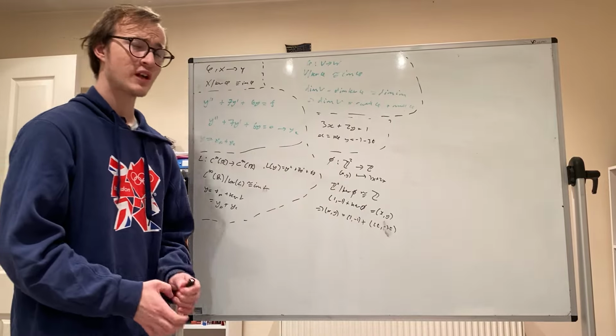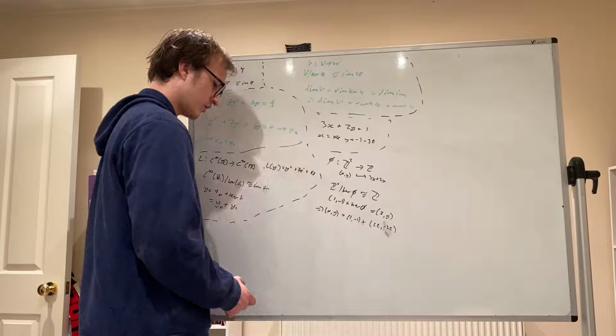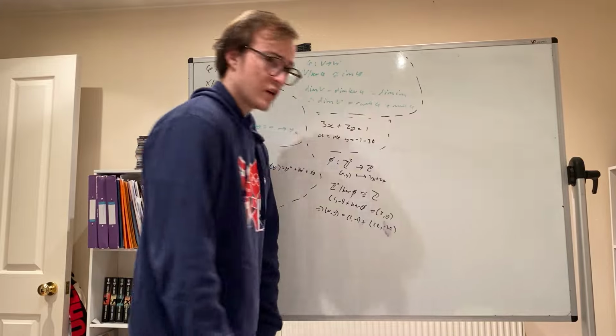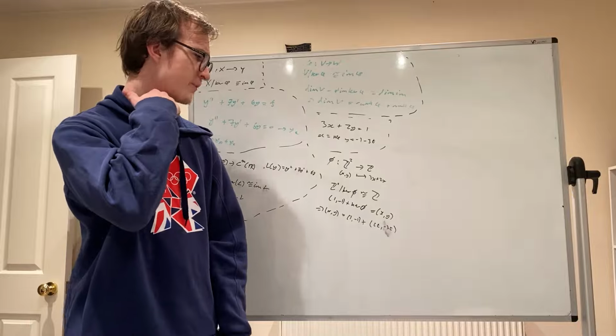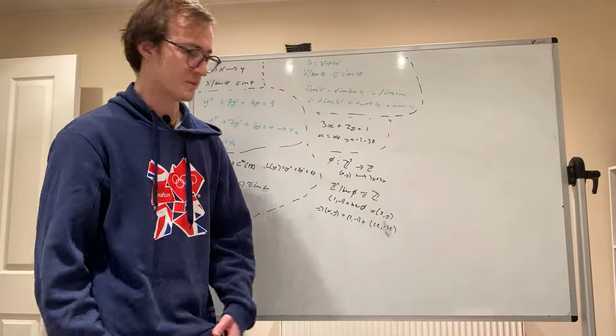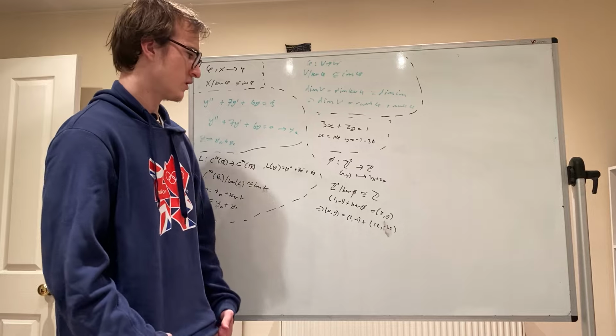And indeed, I won't go into it now, but you can actually use the first isomorphism theorem to prove the Chinese remainder theorem. In fact, that might actually be the standard proof. I'm not sure, but yeah.